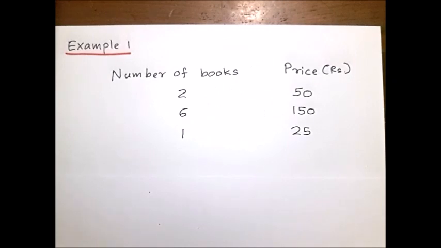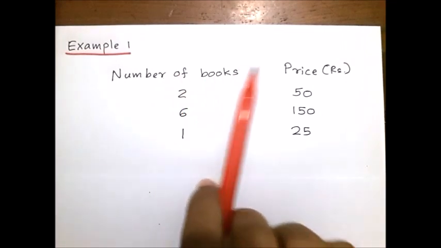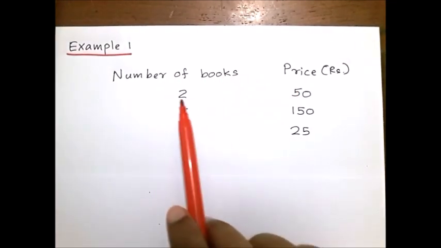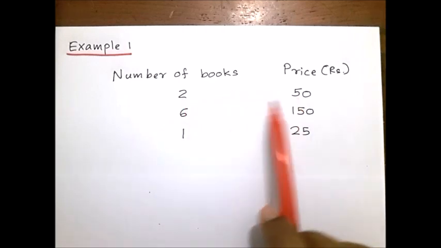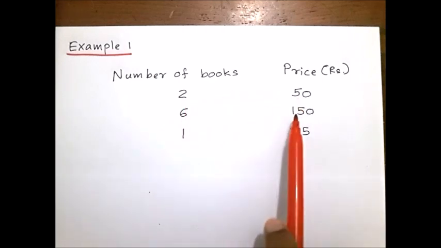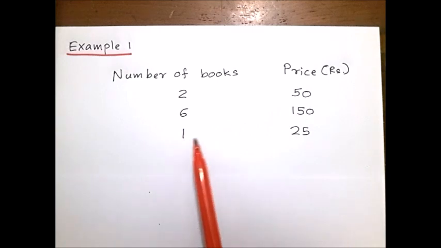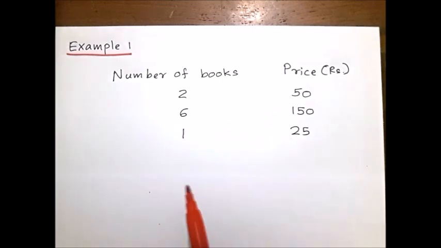Now look at this example 1. Here two quantities are number of books and price. If the number of books is 2, the price is 50. Number of books 6, price is 150, and number of books 1, price is 25.